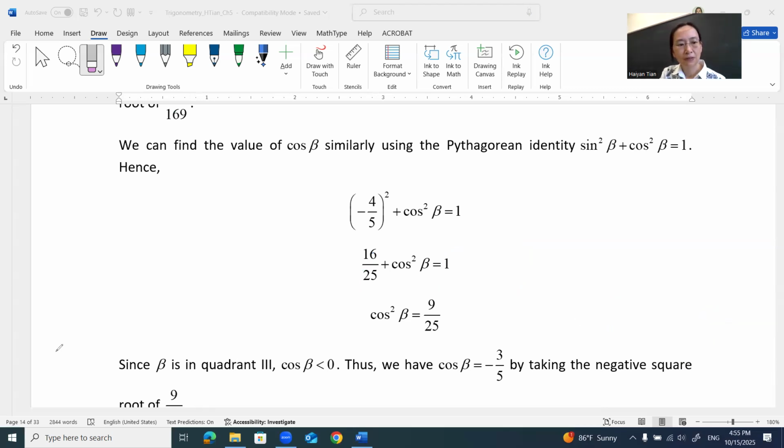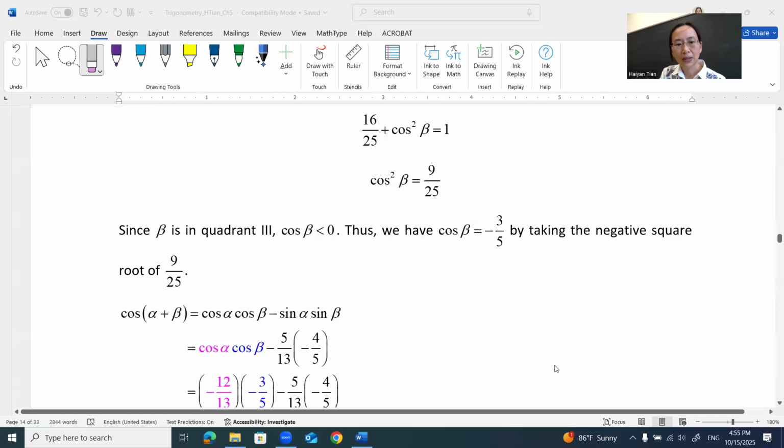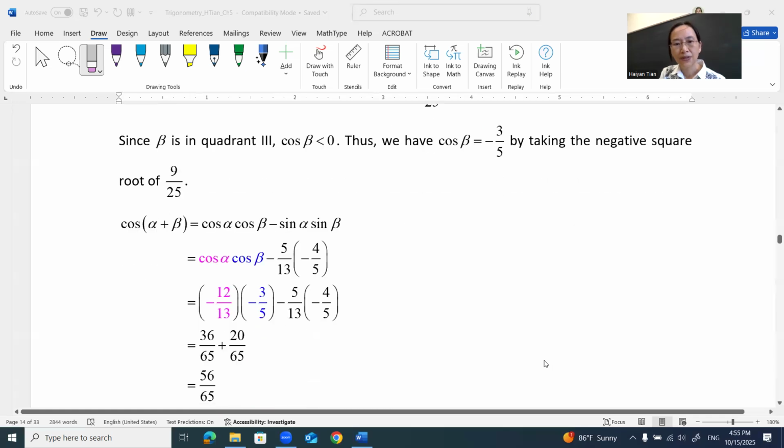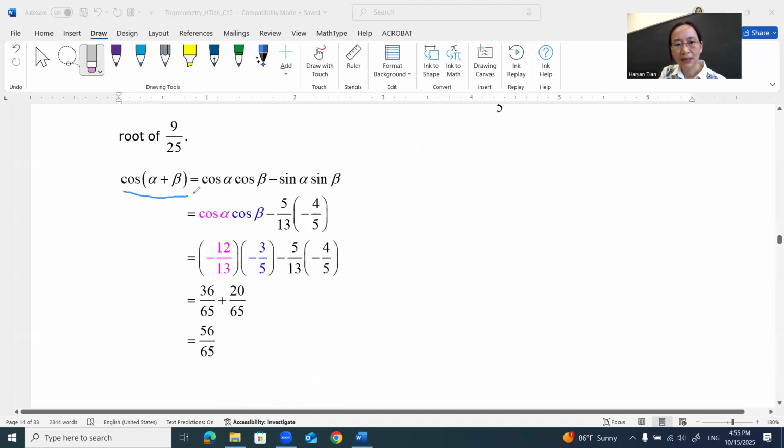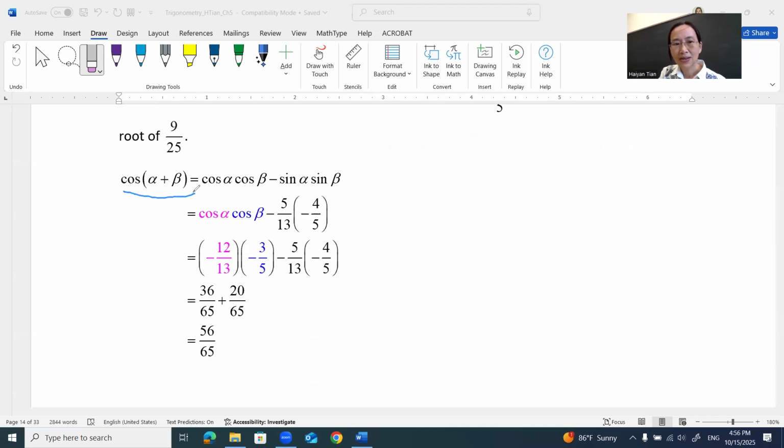So now we have found cosine beta as well. In order to apply the cosine of a sum formula, given sine alpha, sine beta, we have found cosine alpha, cosine beta.